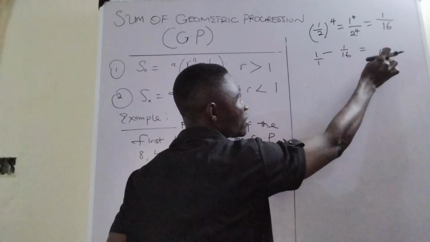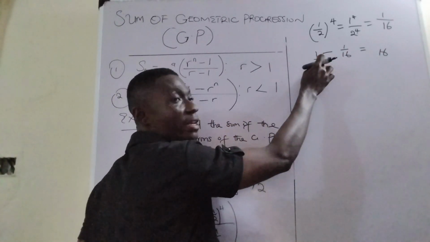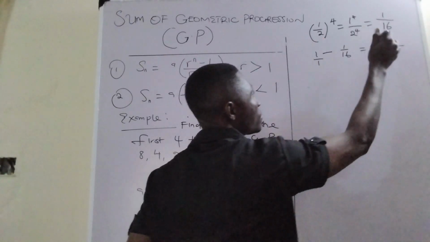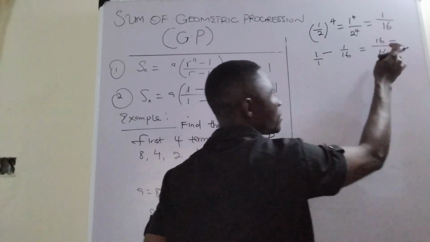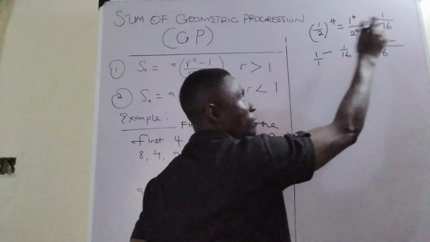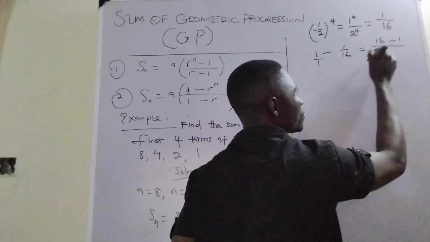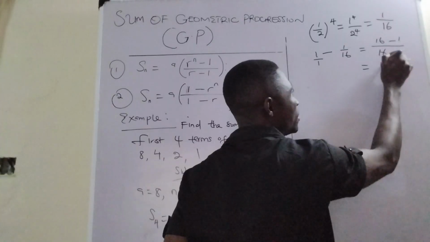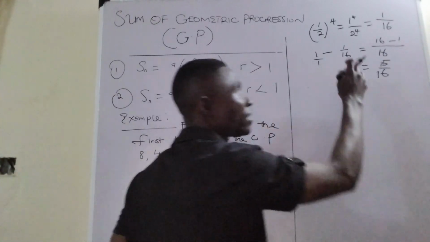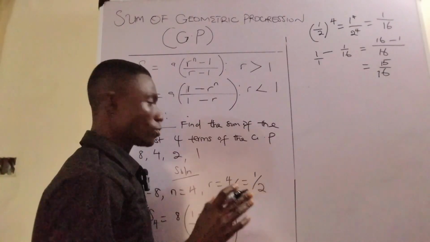Now, 16 divided by 1 is 16 times 1. So that's 16 minus 1, 16 divided by 16 is 1, 1 times 1 gives us 1. So we see our answer is 15 over 16. This will take care of the numerator, so we keep it there.